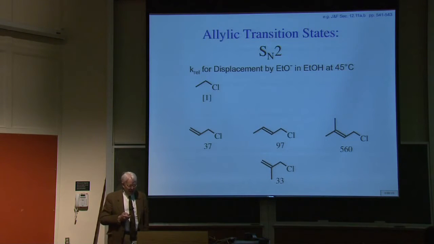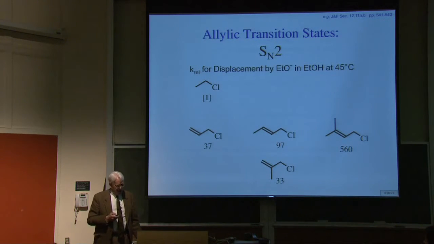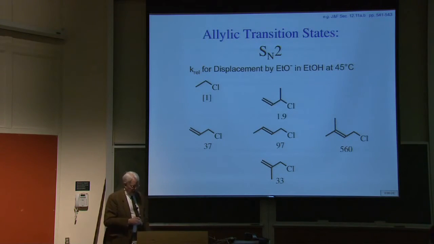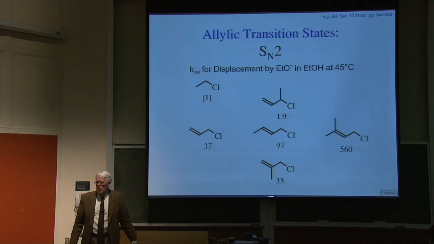If you put the methyl in the middle, it doesn't help compared to not having the methyl. But if you put the methyl at this end, remember before when we were doing SN1, forming the cation, we could put it either at this end or this end and got the same rate. Now it's slower here. Any idea why it should be slower in this case for the SN2?